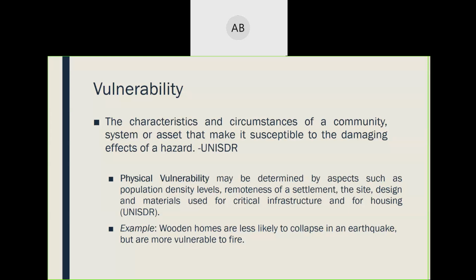Your house is inundated maybe 1.5 meters, and your friend's house is also inundated more or less 1.5 meters. So if I want to explain which house is more vulnerable, I'll have to see which house is more likely to get damaged, even under the same circumstance of a 1.5-meter flood level.